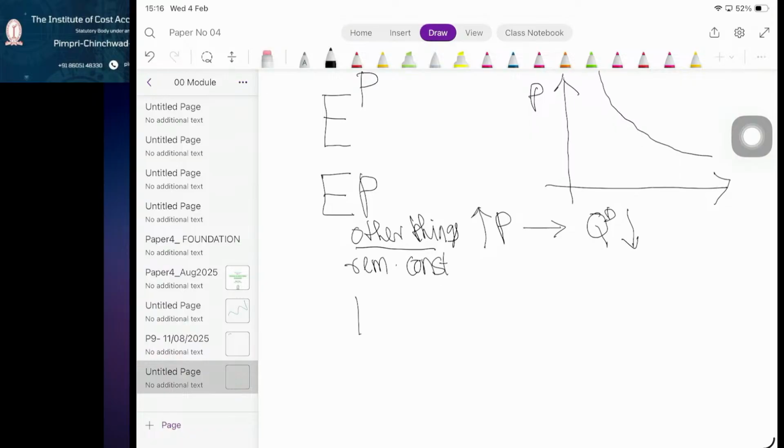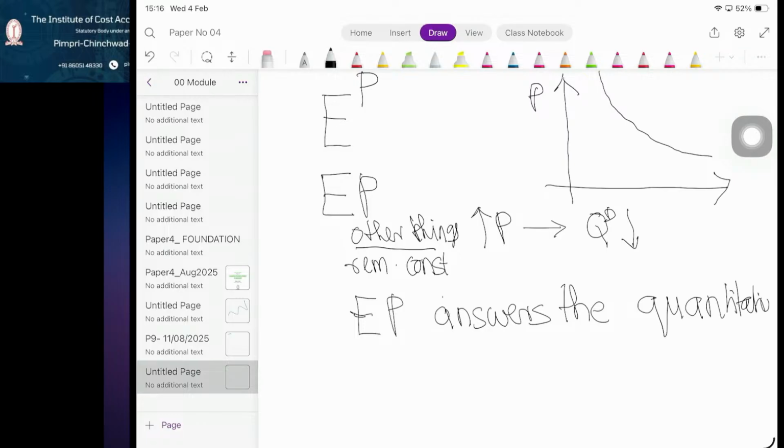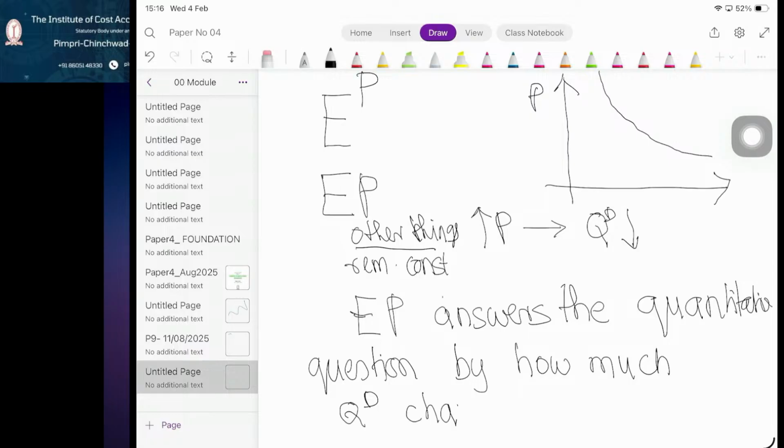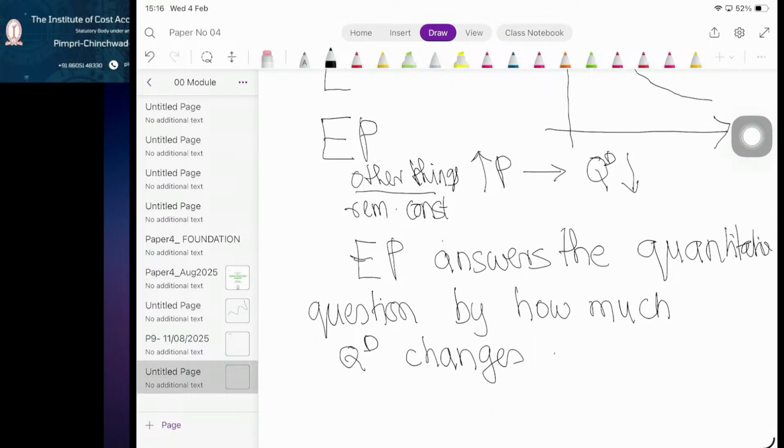So price elasticity answers the quantitative question: by how much quantity demanded changes in response to price change.